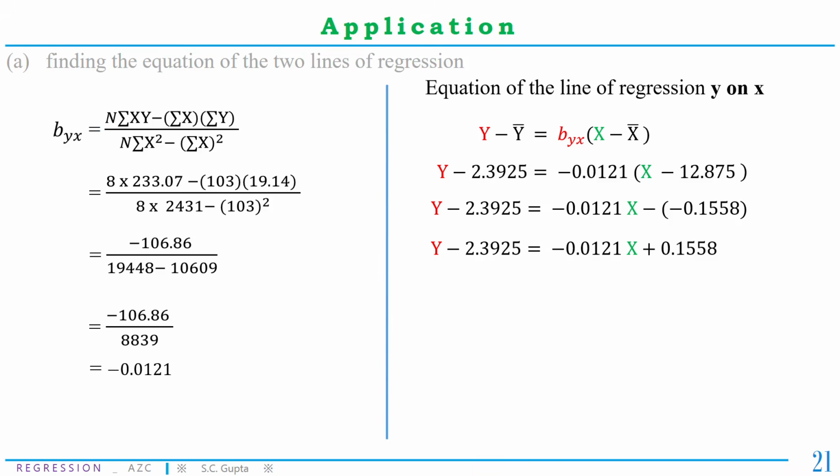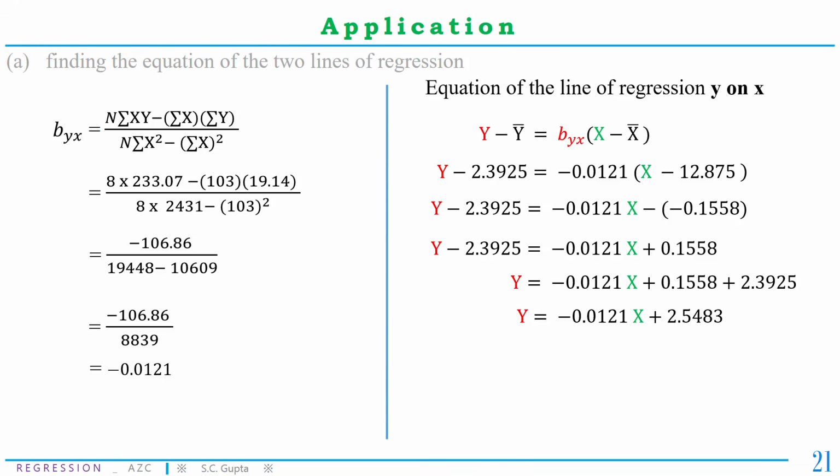Now, take this minus 2.3925 to right-hand side. That turns to plus 2.3925. 0.1558 plus 2.3925 is 2.5483.